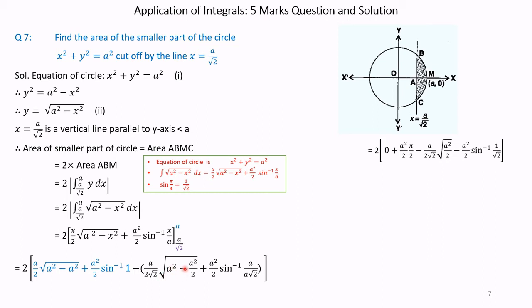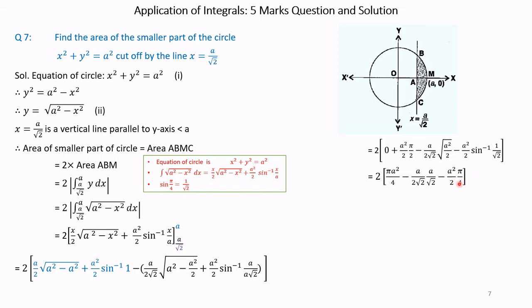This a square minus a square by 2 is a square by 2. This minus, when it goes inside, becomes minus a square by 2 sine inverse of a by a, which becomes 1 over root 2.